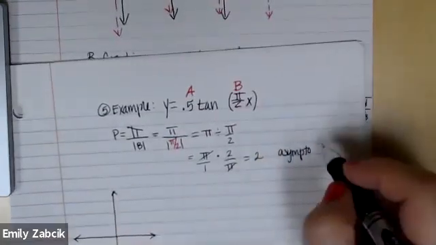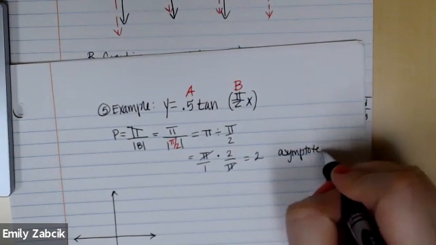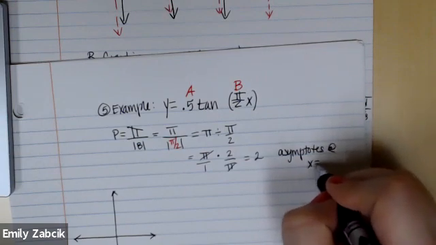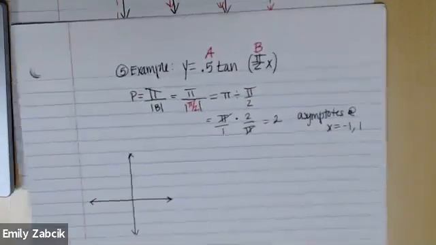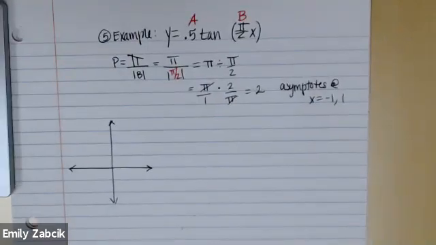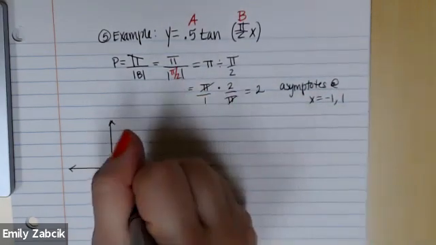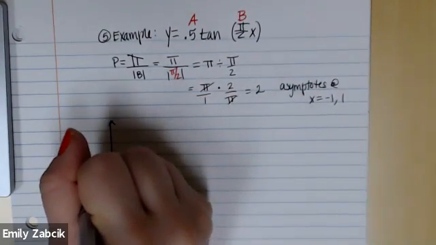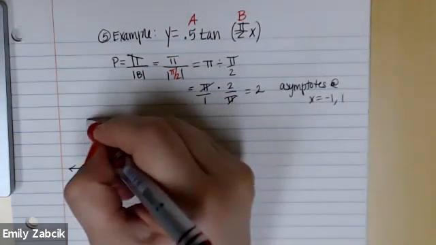Same thing's going to happen here. I'm going to have asymptotes at x equals -1 and 1, because I'm taking that period and cutting it in half. And again, this is because we haven't shifted any. And so if I come over here to my graph, I can put -1 and 1, and I know that I'm going to have asymptotes there.